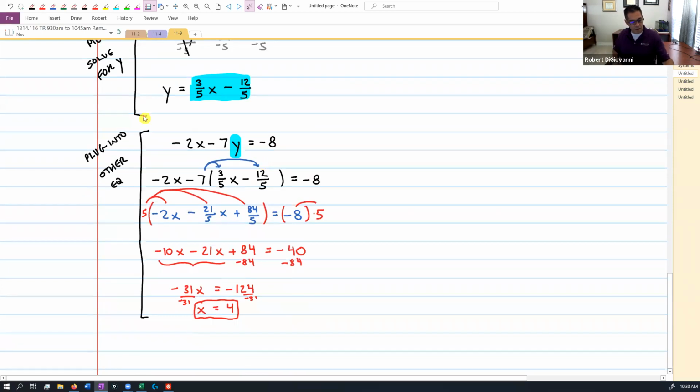So if we plug it in, I take this and I plug that answer in. This is the next step. I take y equals 3 over 5x minus 12 over 5. I replace the x with 4.